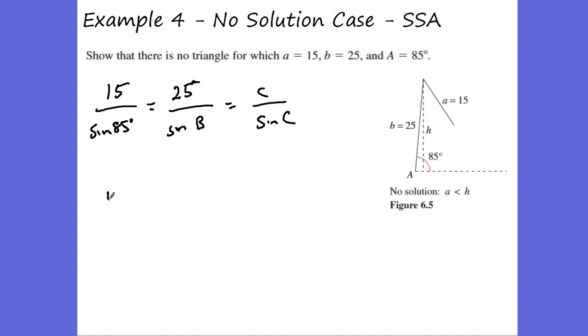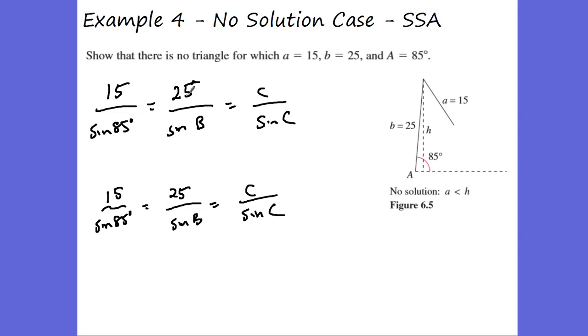I know we may have one triangle, we may have two triangles, and you're like, Aiden, I know it's going to be no triangles. But if I give it to you on a test or quiz, you don't know if there's two triangles or anything. So I always write down the possibility of two triangles.